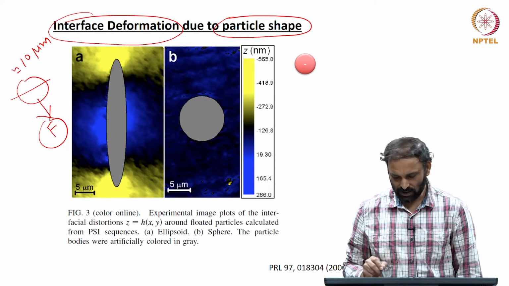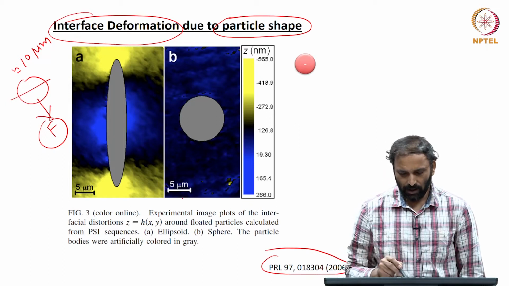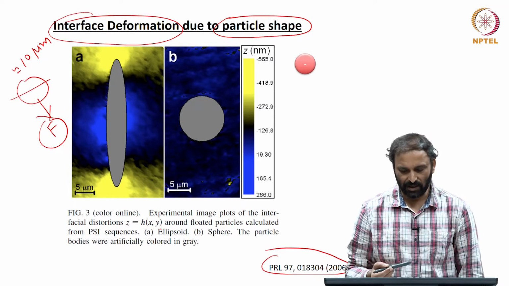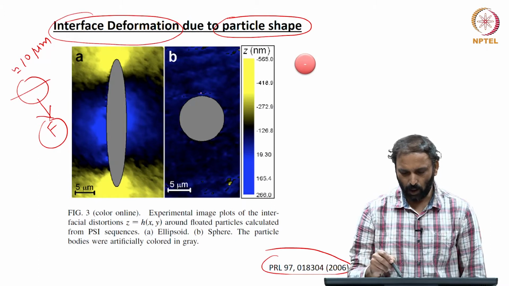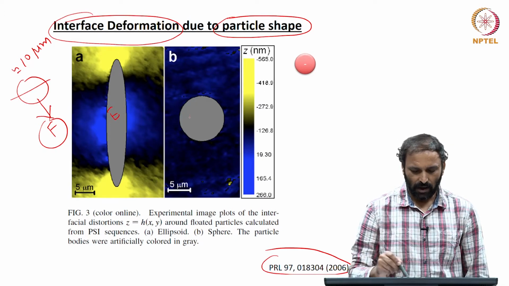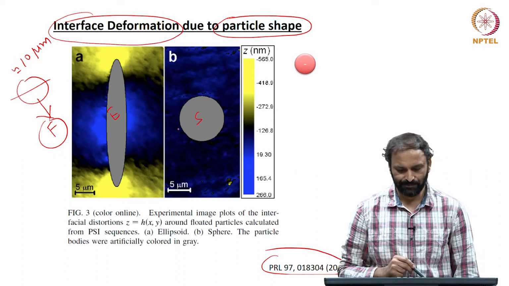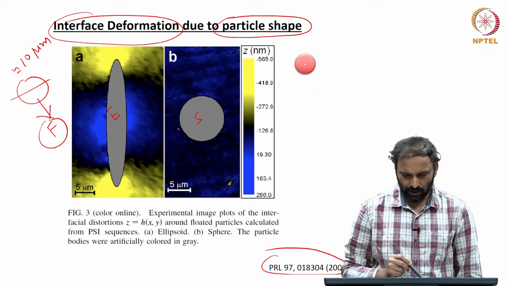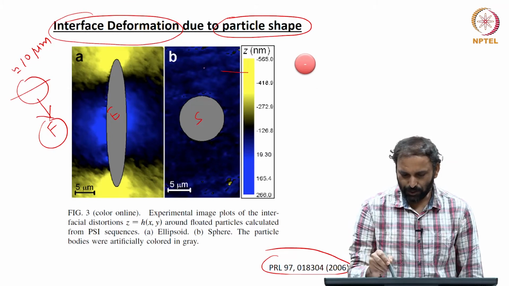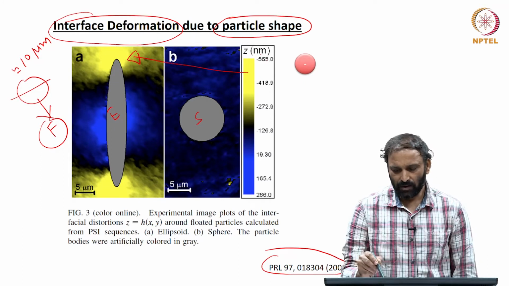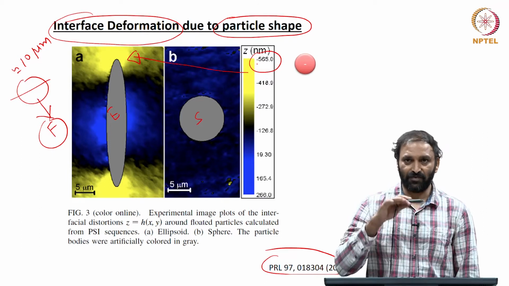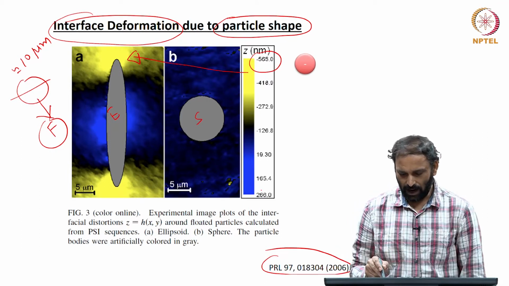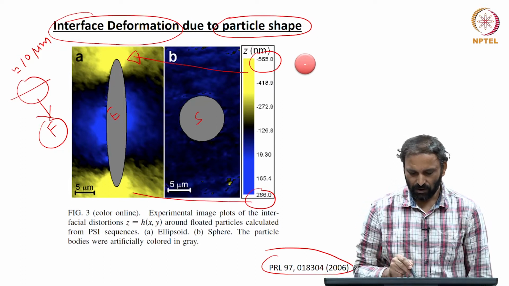What you are looking at is some results from interferometry experiments where the deformation around an elliptical particle and a spherical particle is shown, and the yellow region corresponds to a negative value of the position with respect to the interface, and a positive value corresponds to the positive.